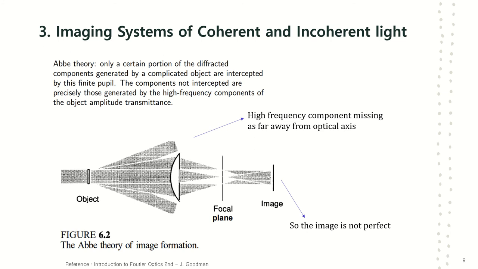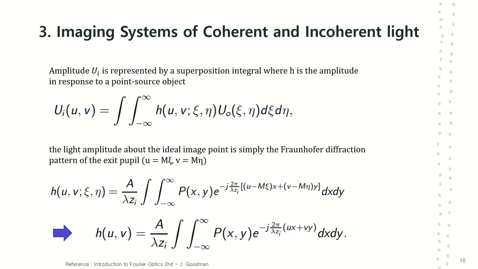The third section is imaging systems of coherent and incoherent light. By the Abbe theory, high frequency light is limited by the finite pupil, so the image is not perfect. Amplitude Ui is represented by a superposition integral where h is the amplitude in response to a point source object.